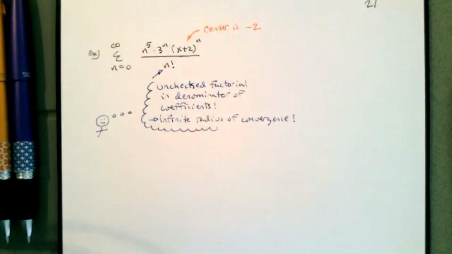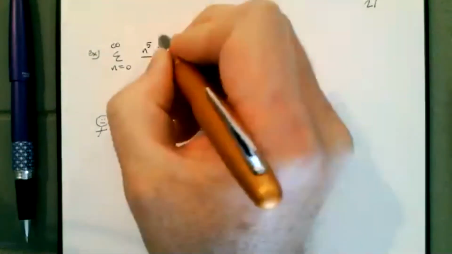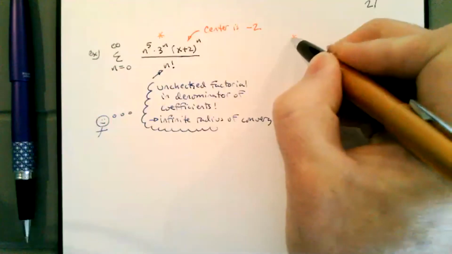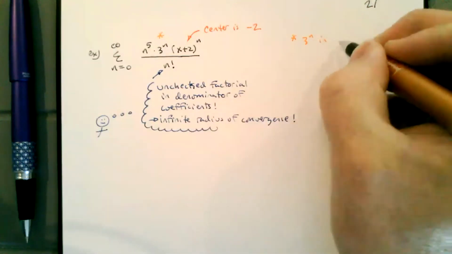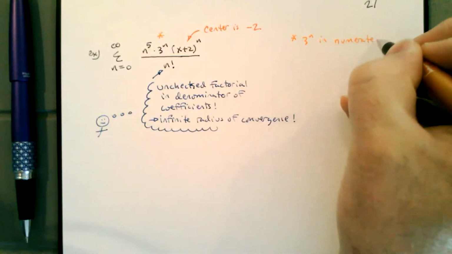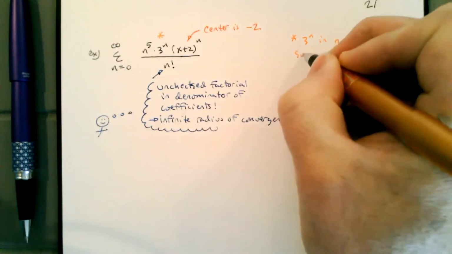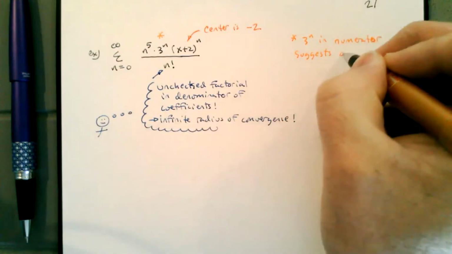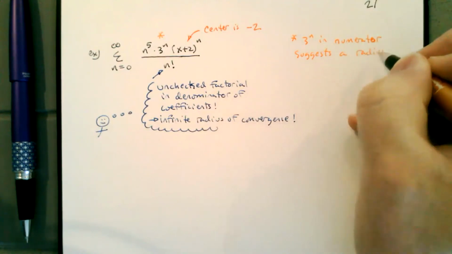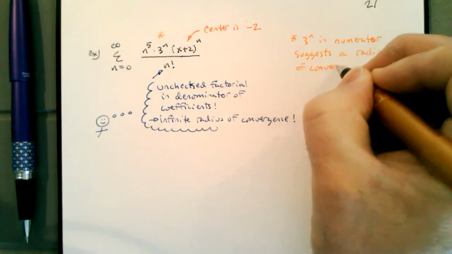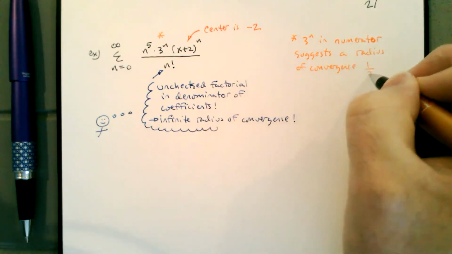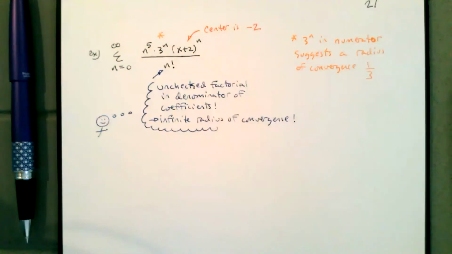A 3 to the n in the numerator suggests a radius of convergence of 1/3. And n to the 5th in the numerator suggests that if we have endpoints, the power series will diverge at both endpoints.